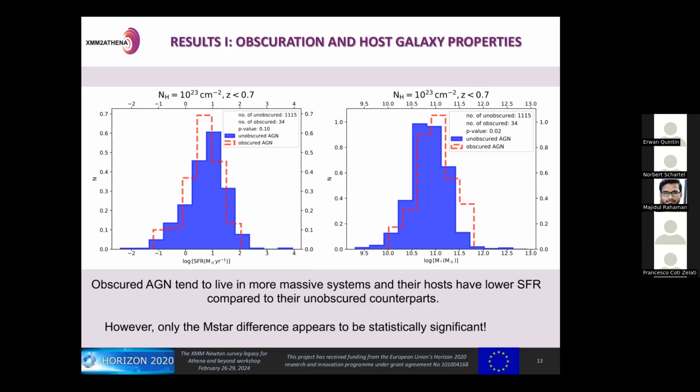What we found is that type 2 AGN tend to have lower star formation rates by approximately 0.25 dex compared to type 1, and type 2 AGN tend to have higher stellar masses by approximately 0.2 dex compared to unobscured AGN. However, based on various statistical tests like Kolmogorov-Smirnov, Kuiper, and Mann-Whitney tests, from the p-values that we obtained, only the difference regarding the stellar mass has a statistical significance higher than 2 sigma.